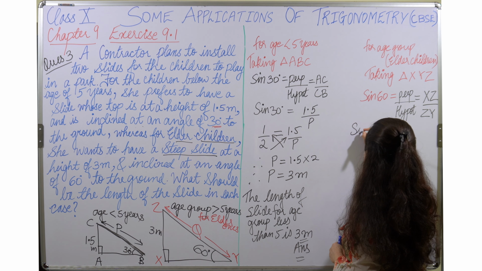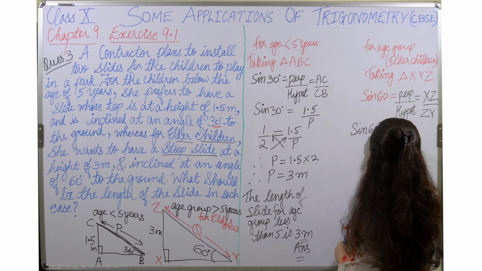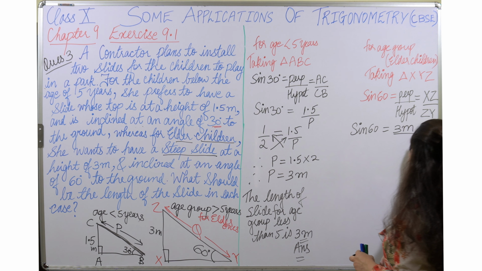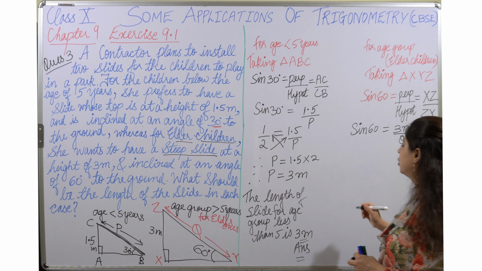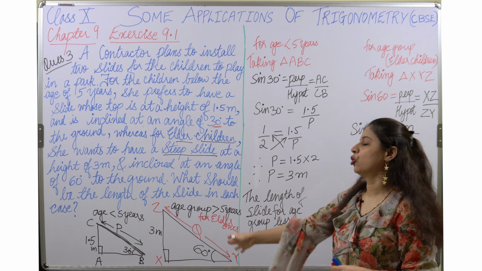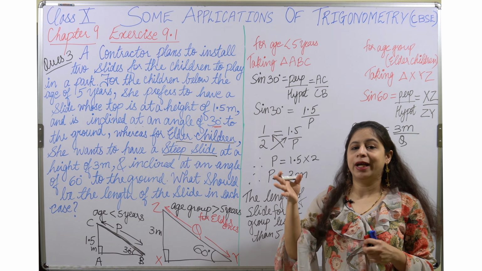So sine 60 will be equal to XZ, which is 3 meters. It is being given in the question itself, and ZY is Q, which we have already assumed to be the length of the slide for the age group for the elder children.